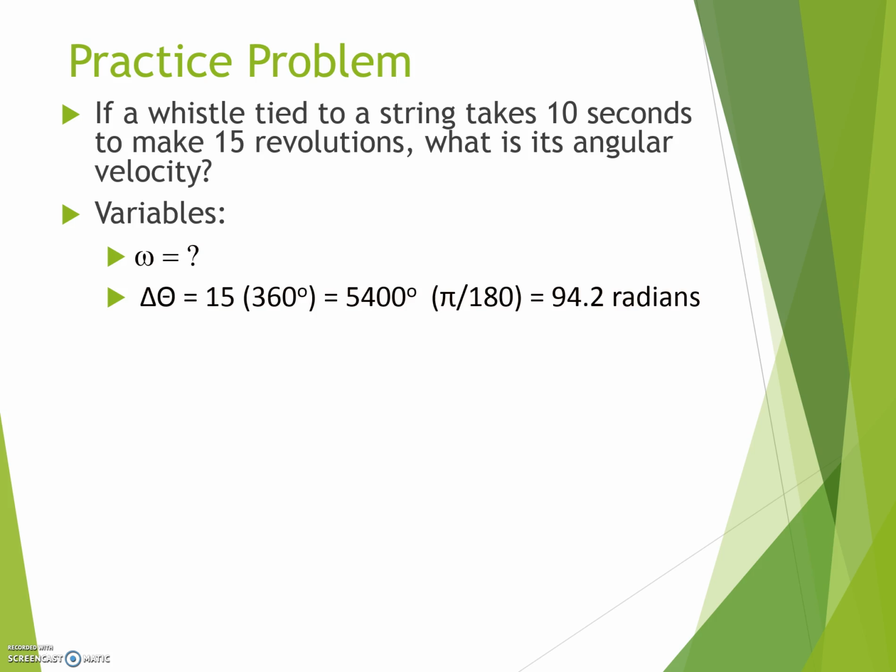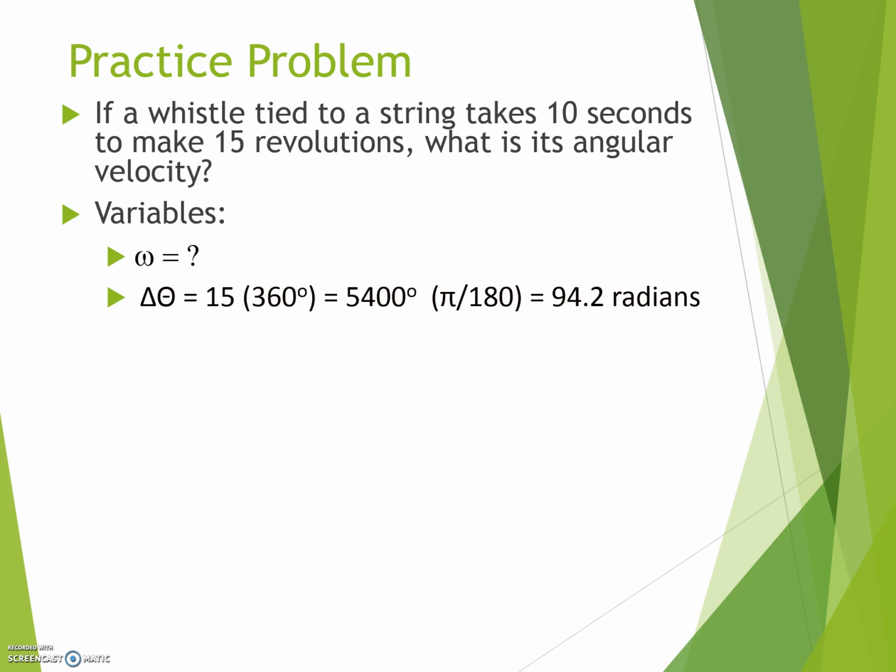When we talk about the angle of displacement, we're saying that the whistle went around 15 revolutions. Well, we know that one revolution is 360 degrees. So to calculate 15 revolutions, we would take 15 times 360.